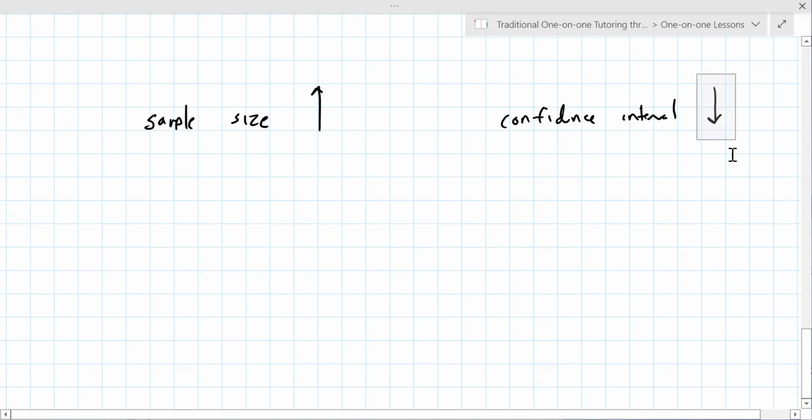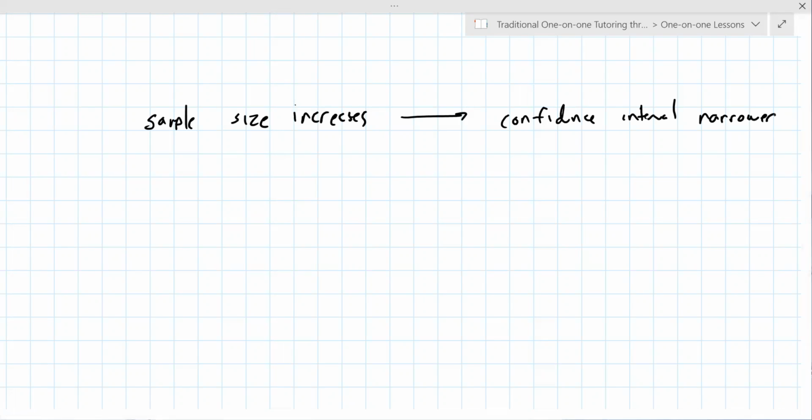That's probably better. Let's use increases instead of this. The confidence interval becomes narrower. And you might see, whenever they're kind of opposite, that doesn't always make sense intuitively. The idea is that the more people you sample, the better representation of the population you have.